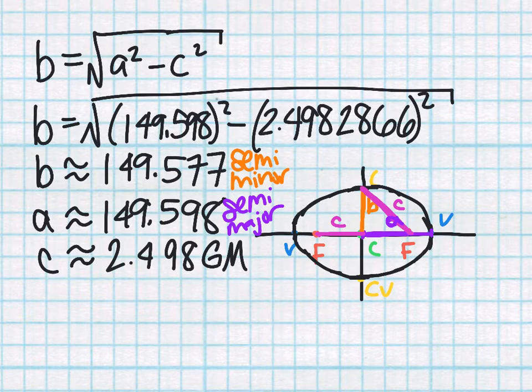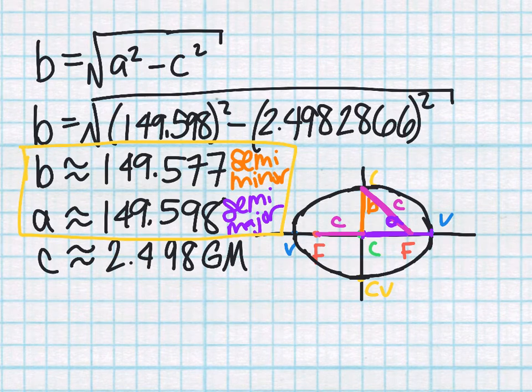So if I look at the semi-major axis and the semi-minor axis, A is the semi-major axis. It's 149.598. The semi-minor axis is very, very incrementally smaller than the semi-major axis. These two numbers are so close to each other.